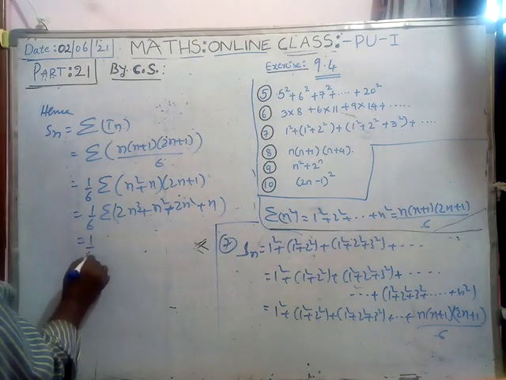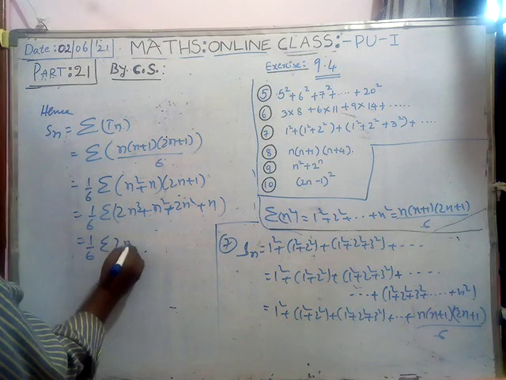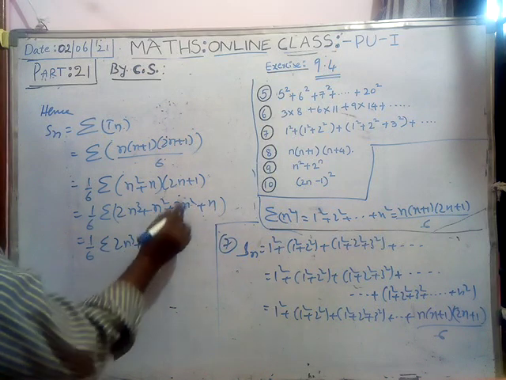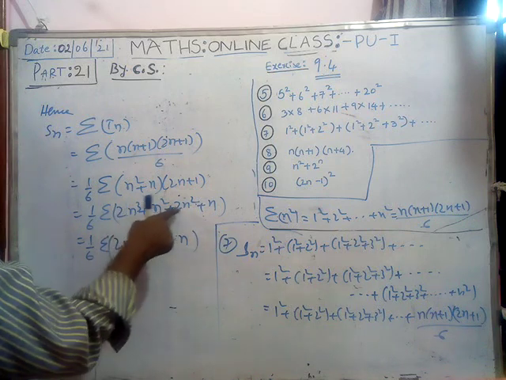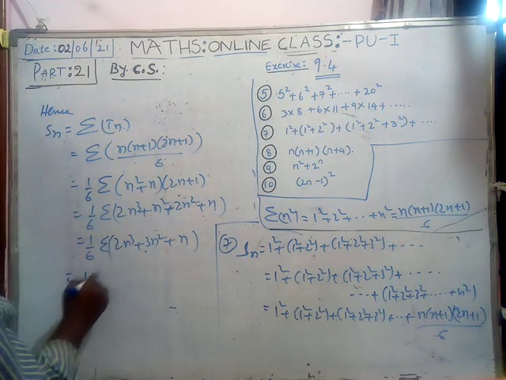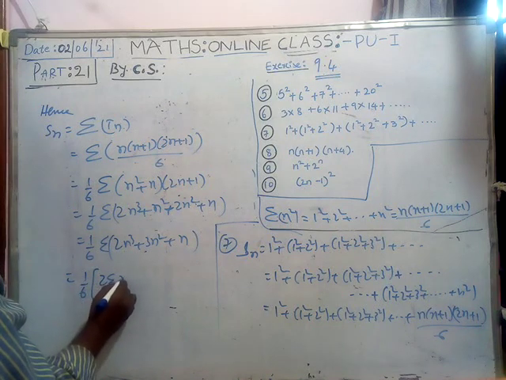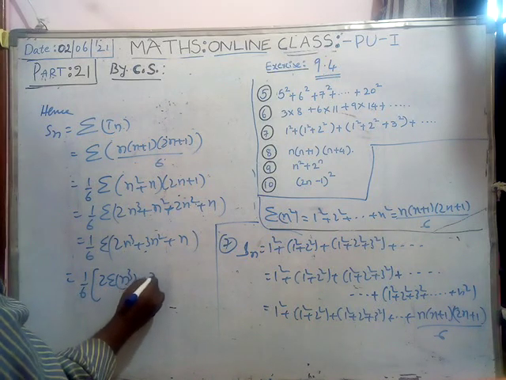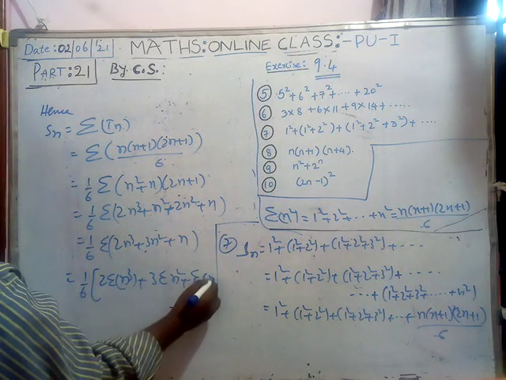So 1 by 6 sigma of 2n cube plus 3n square plus n, since n square plus 2n square is 3n square. This is 2 sigma n cube, 3 sigma n square, sigma n.